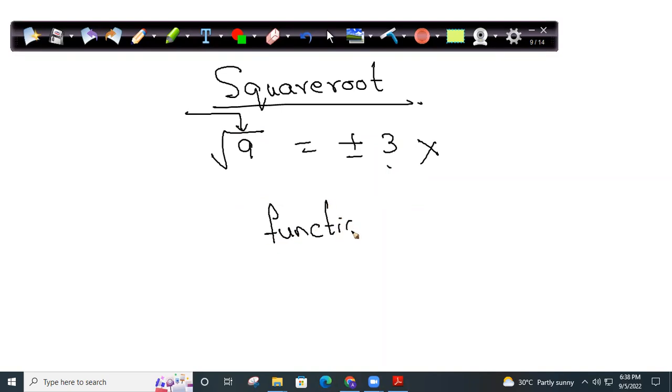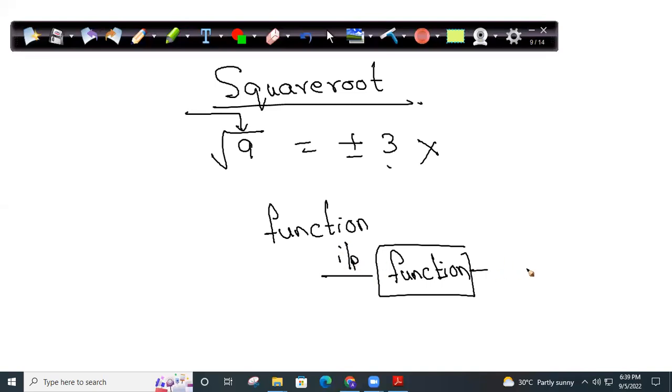What is the meaning of function? Everything in this world, whether you take a doctor, lawyer, or engineer, mainly software engineers, a function takes some input and gives a definite output.